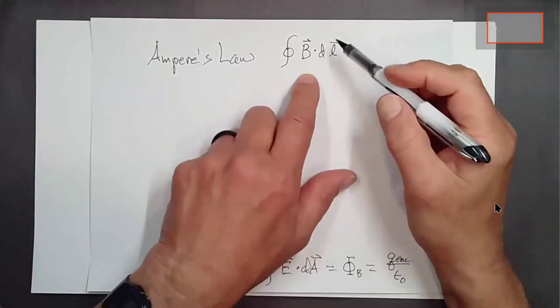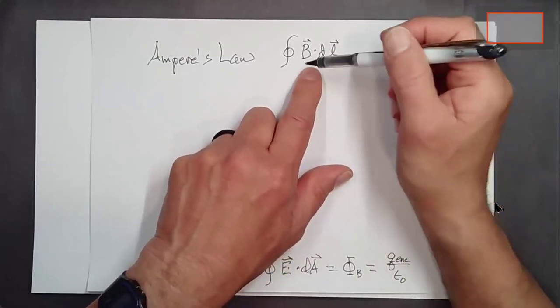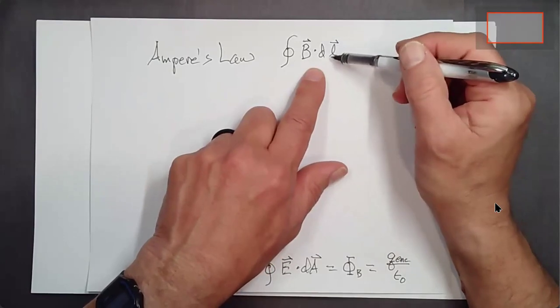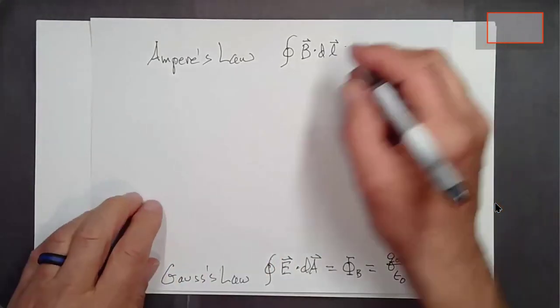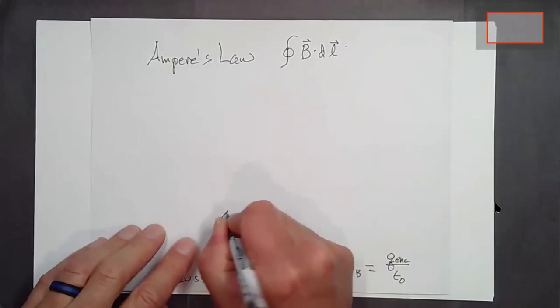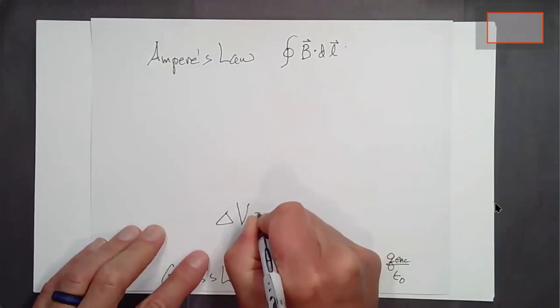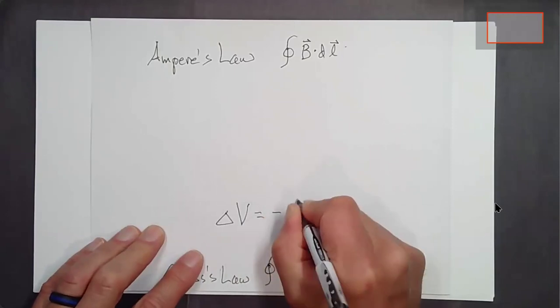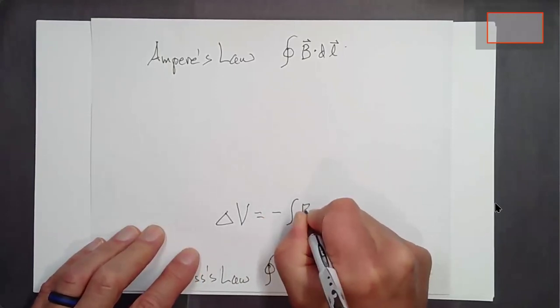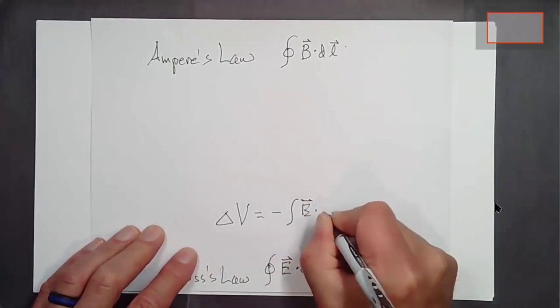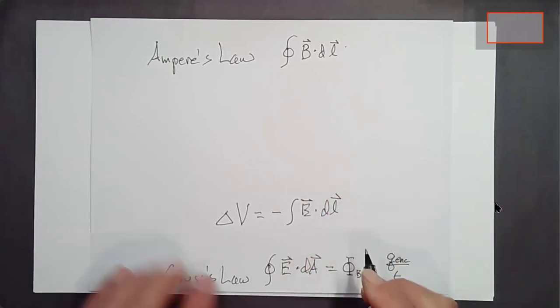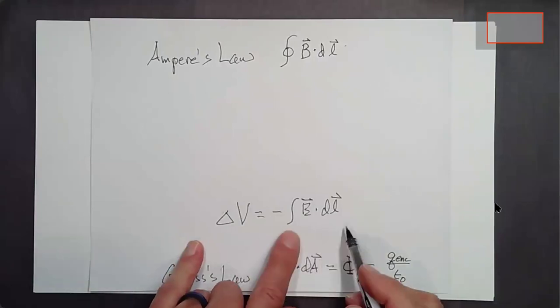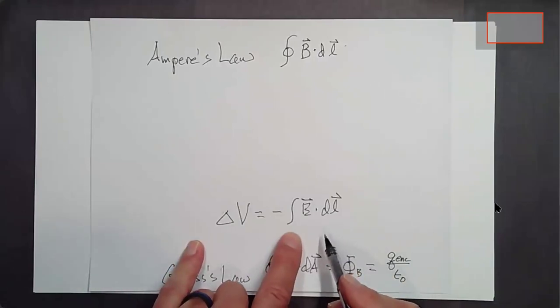Now, we did a line integral with the electric field, where the change in potential between 2 points was the negative of the integral of the electric field along a line.